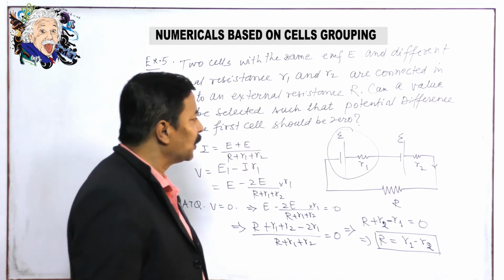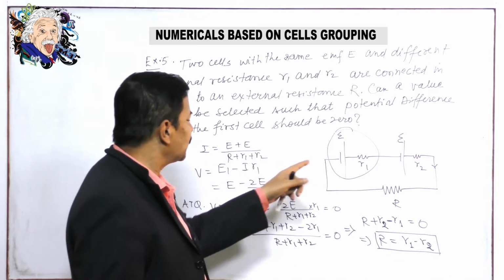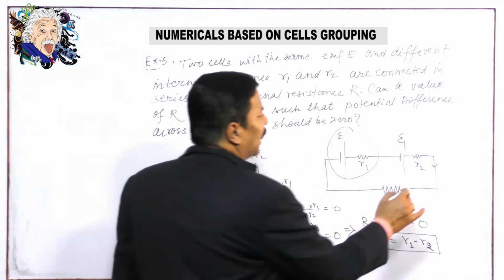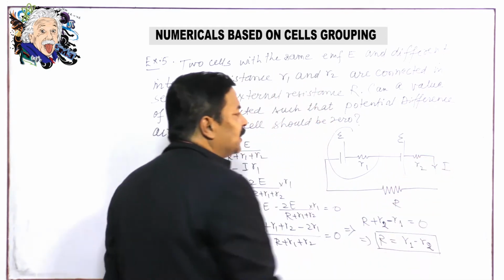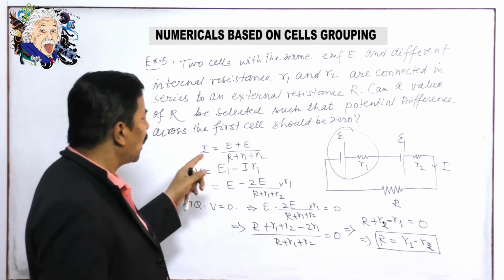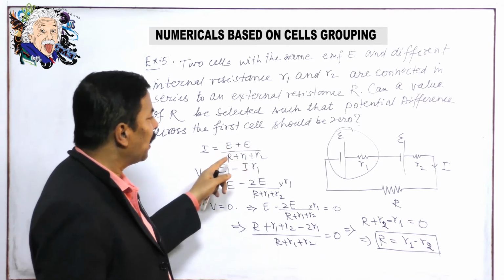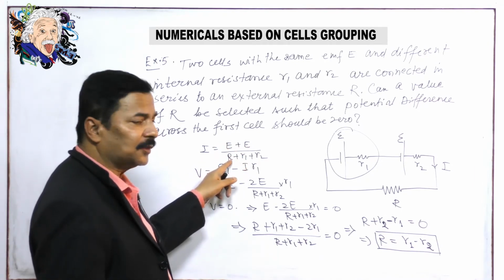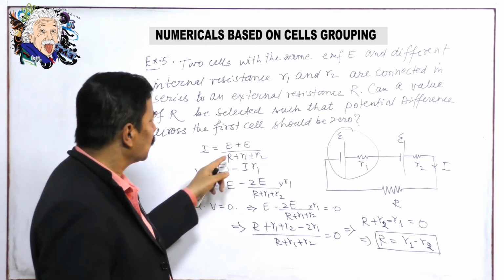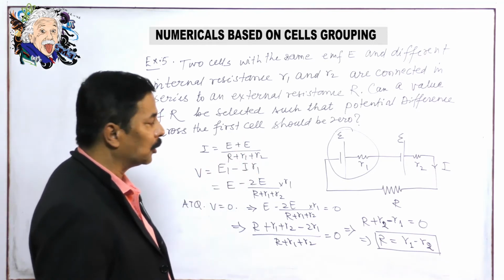Now in this question, two cells are there, so what current can we expect? The cells are in series, so the current is the total EMF, E plus E, divided by the total resistance, external plus total internal, so R plus R1 plus R2.